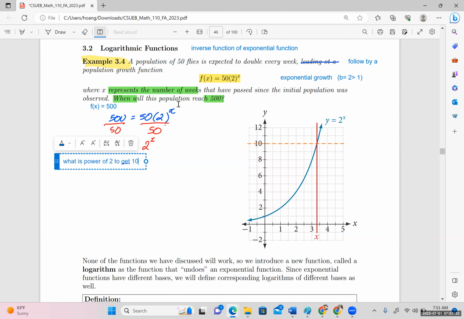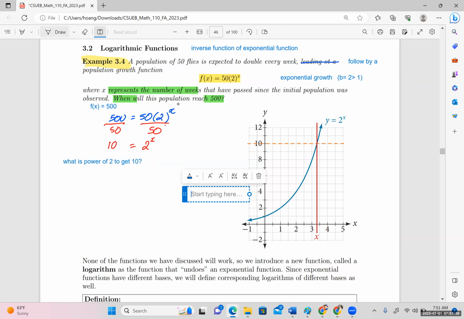Similarly, 2 raised to some question mark, or maybe using a box, 2 raised to something will equal 10. What is that something?